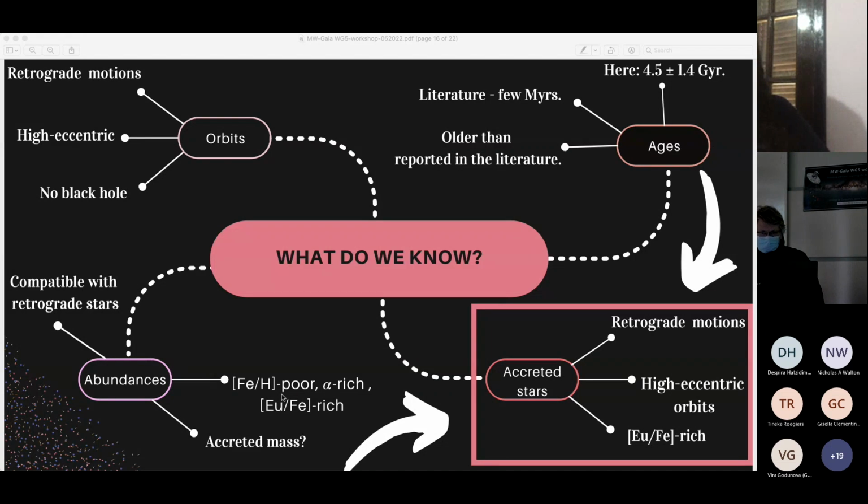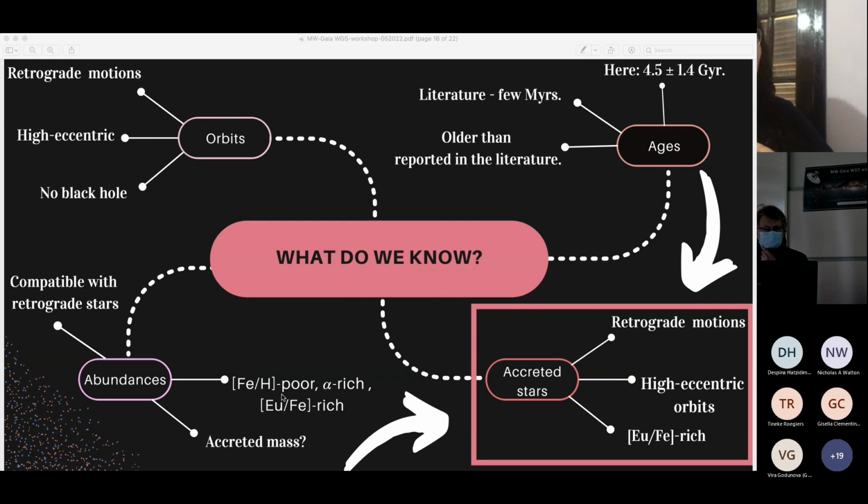Something that we thought is that this star could likely have experienced binary evolution and accreted mass from a companion in the past, and that is why, when we try to measure its age today, it would show a younger age, because it would be more massive than it initially was.